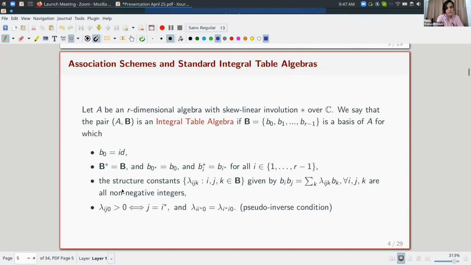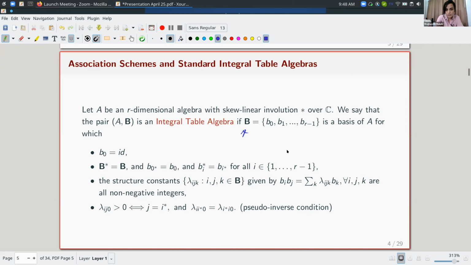Now we say, let A be an r-dimensional algebra with a scalar linear involution star over the complex numbers C. The pair (A, B) is called an integral table algebra with finite basis B if it satisfies the following properties. First of all, the identity must be inside the basis.